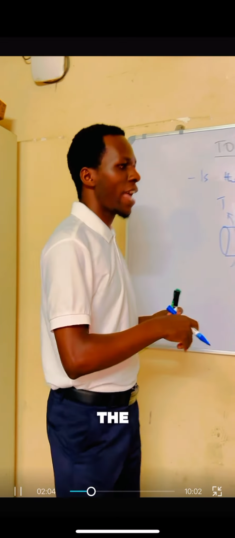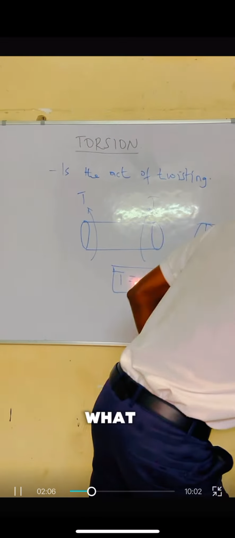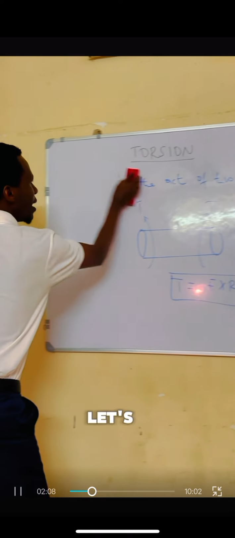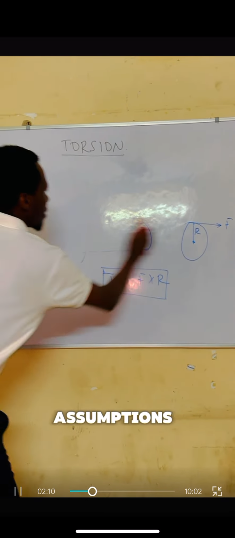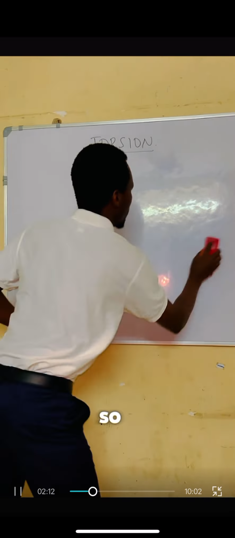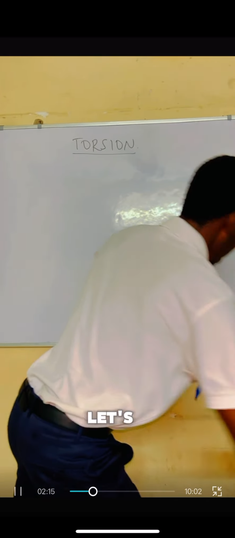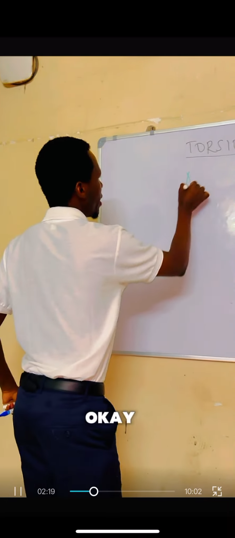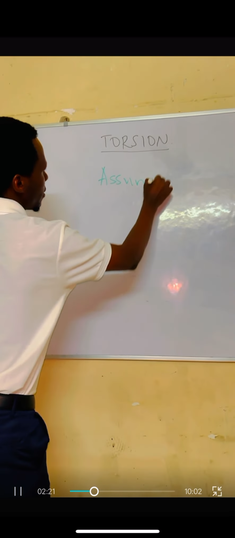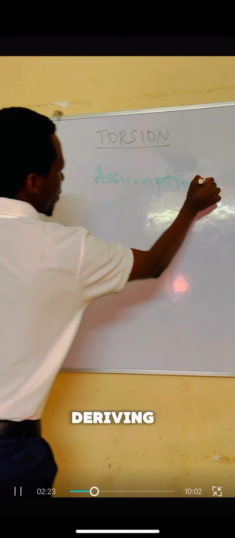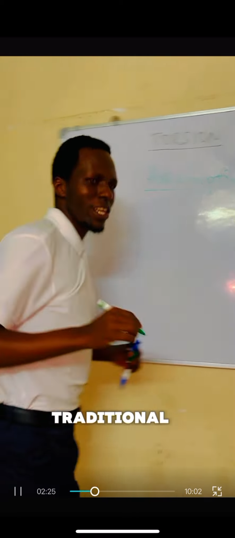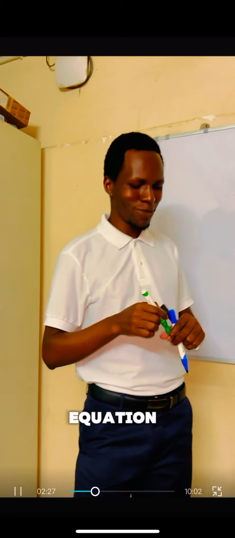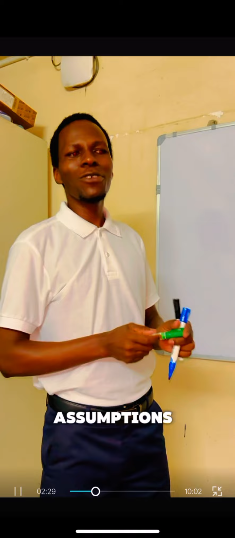So you should know the assumptions made when deriving it. Let's have a look at the assumptions made when deriving what we call the torsional equations. I will tell you what the torsional equation is, but let's first have a look at the assumptions that are made.